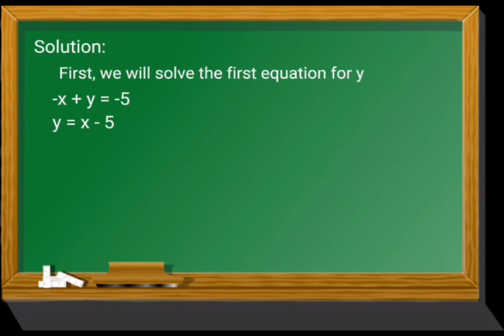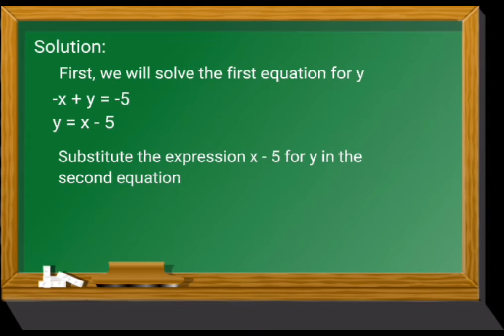Negative x plus y equals negative 5, so we have y equals x minus 5. Now we can substitute the expression x minus 5 for y in the second equation.